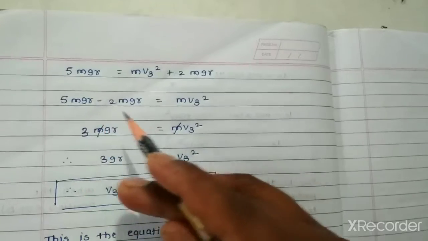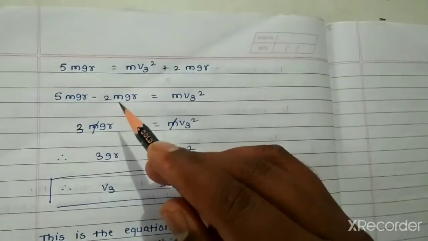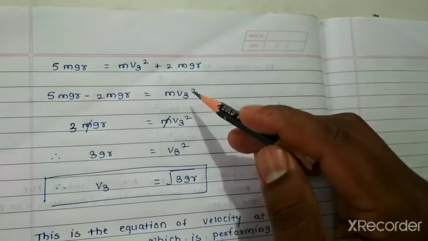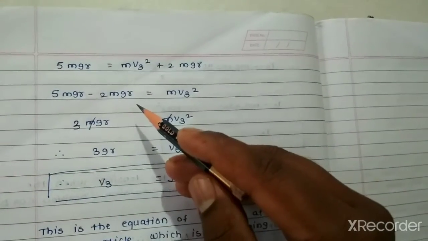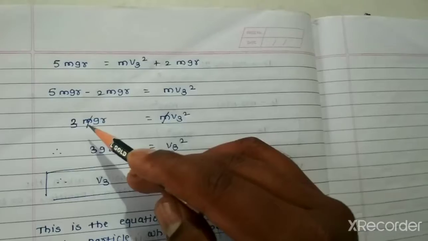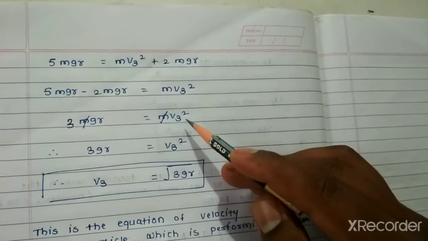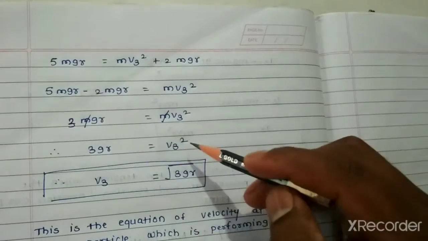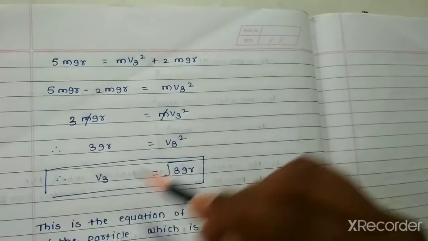Next, this mgr goes to the left hand side, so it becomes 5mgr minus mgr is equal to m v3 square. Here m gets cancelled, therefore 3gr is equal to v3 square.